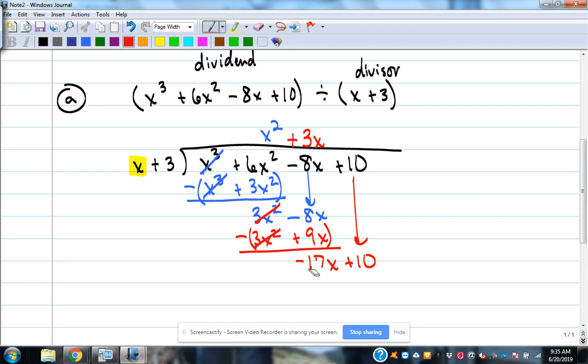What times x would get me negative 17x? Yeah, negative 17. Just the number that's in front. If we multiply negative 17 times x, that's negative 17x. Negative 17 times positive 3 would be negative 51.